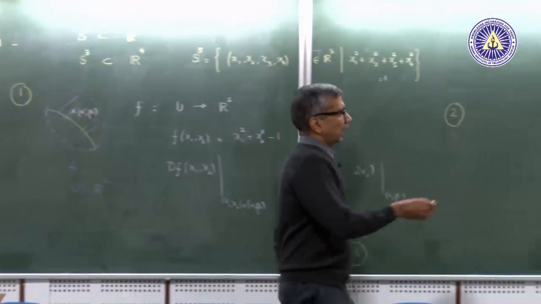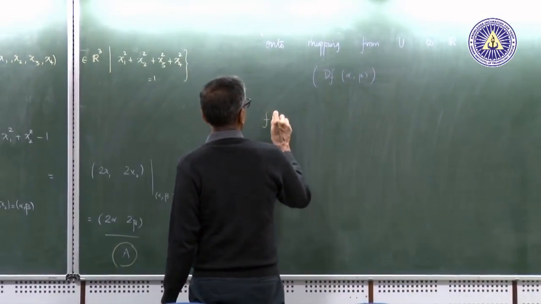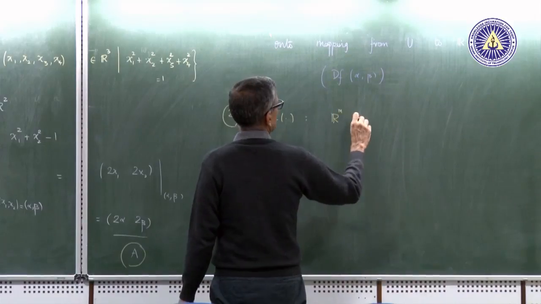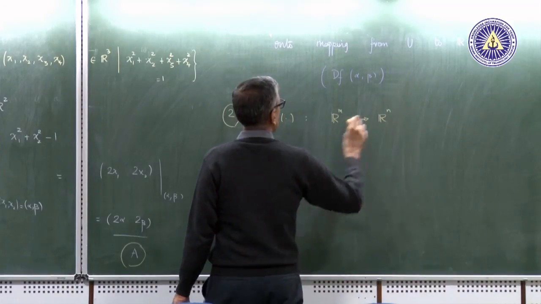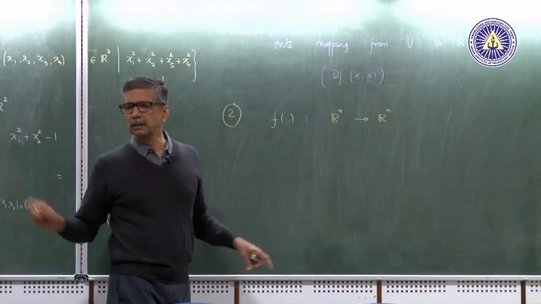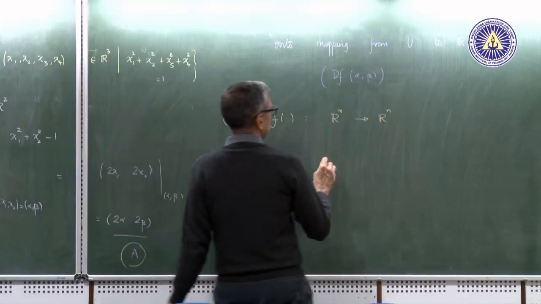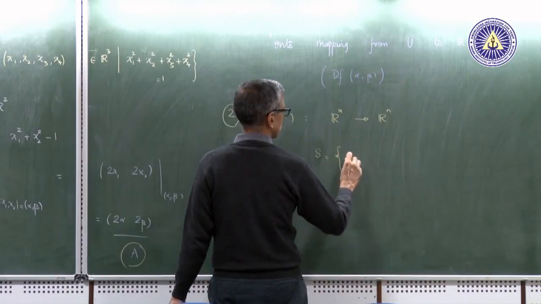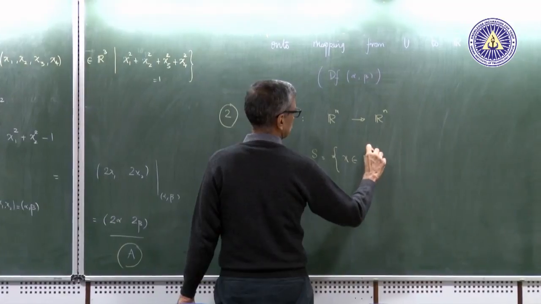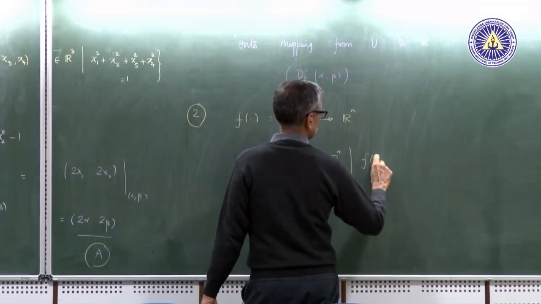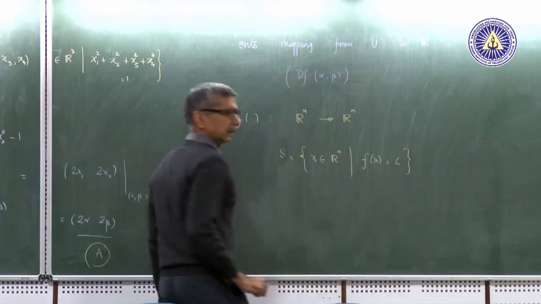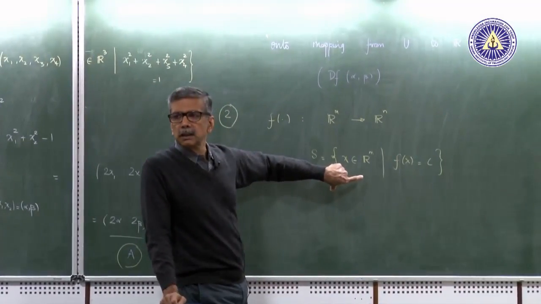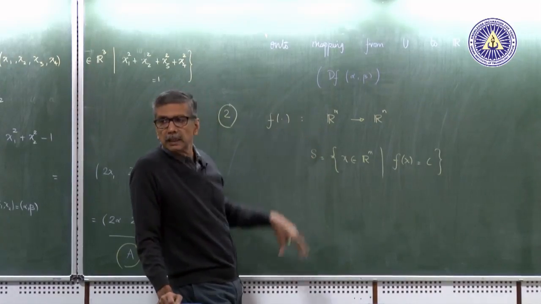If I have a function f from some m variables to R, and this is a smooth function, so everything is differentiable many times, then the sets of the following form, where C is some constant, are called level sets of this function f.